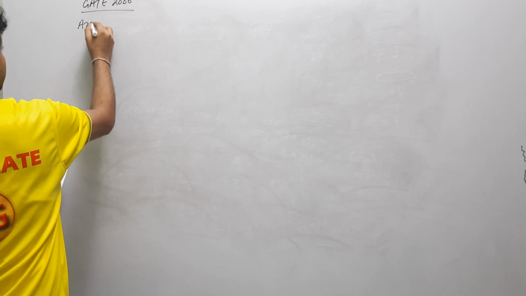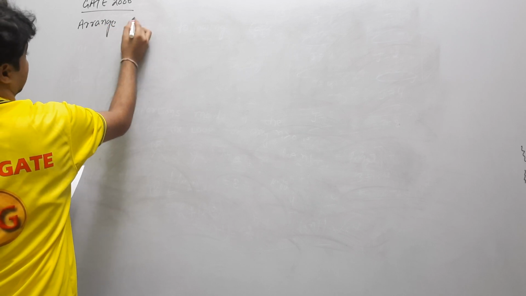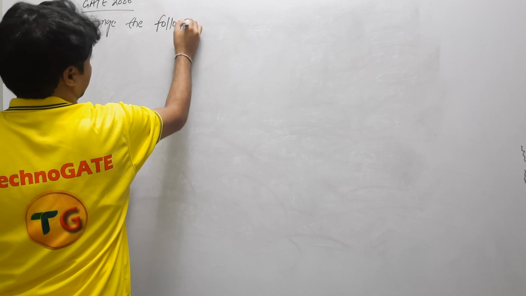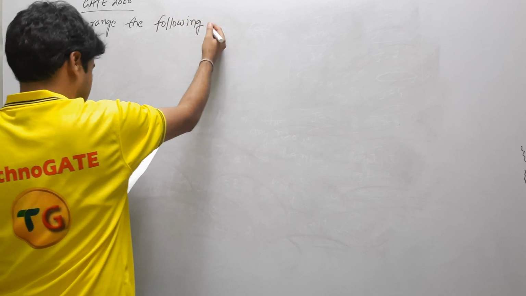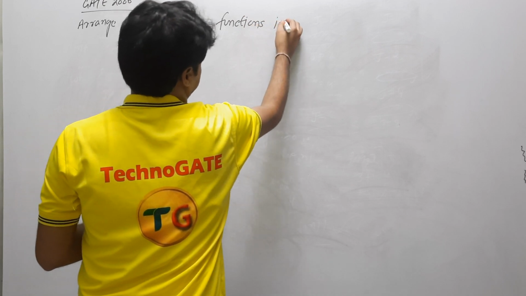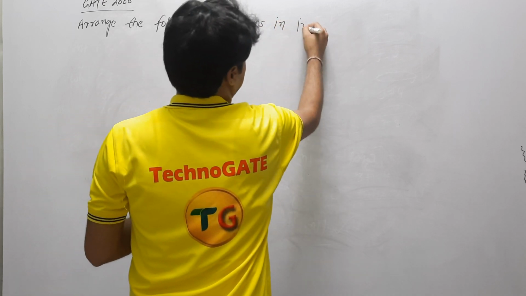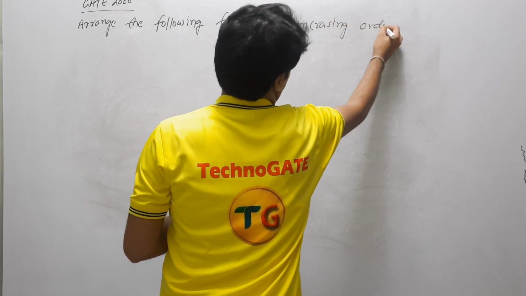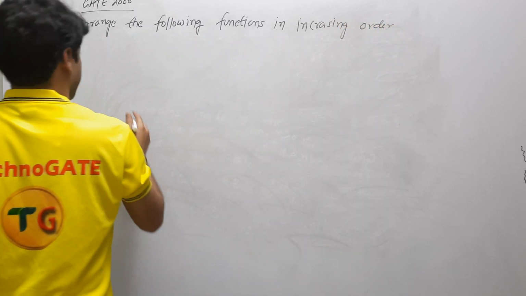Arrange the following functions in increasing order. Here A is what?